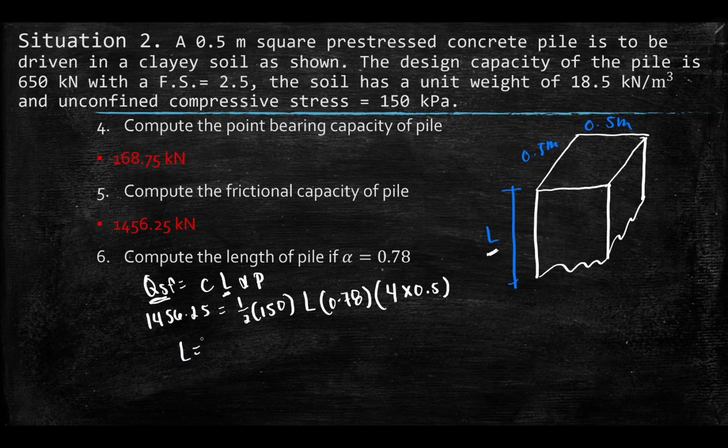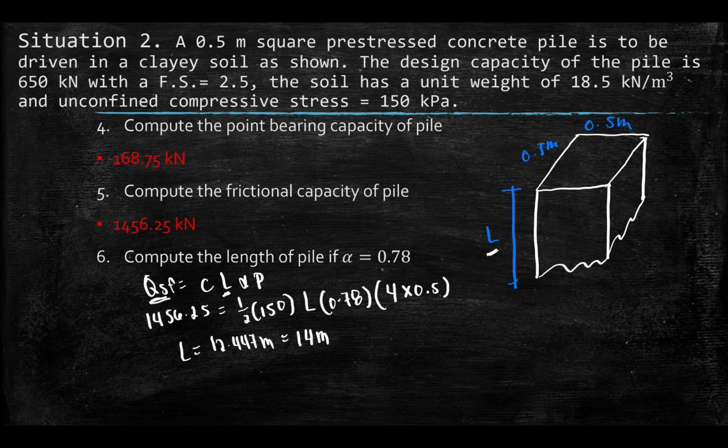Therefore, our length is equal to 12.447 meters. If we are designing, we round it up since 12.447 looks awkward, but depending on the choices, pick the closest to our computed length.